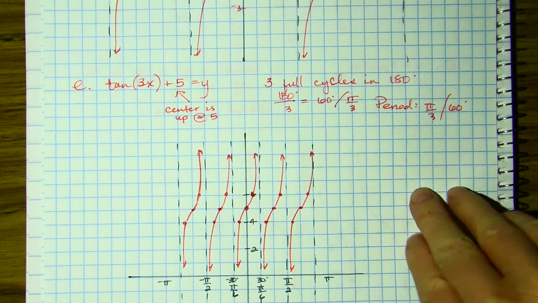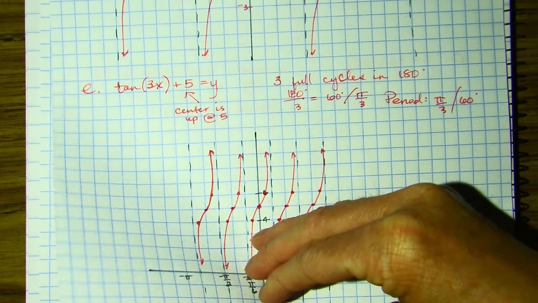All right, last one. Has several parts. So the last one is y equals 2 times the tangent of x minus pi over 3.